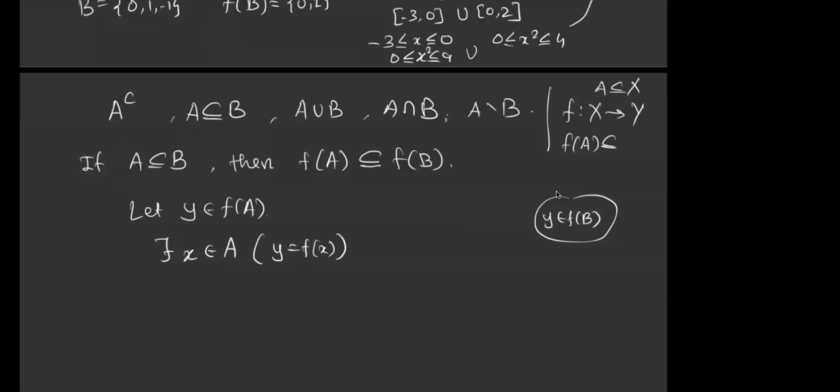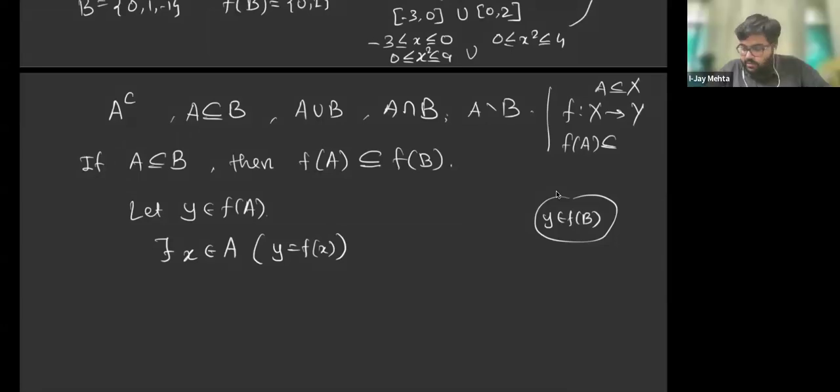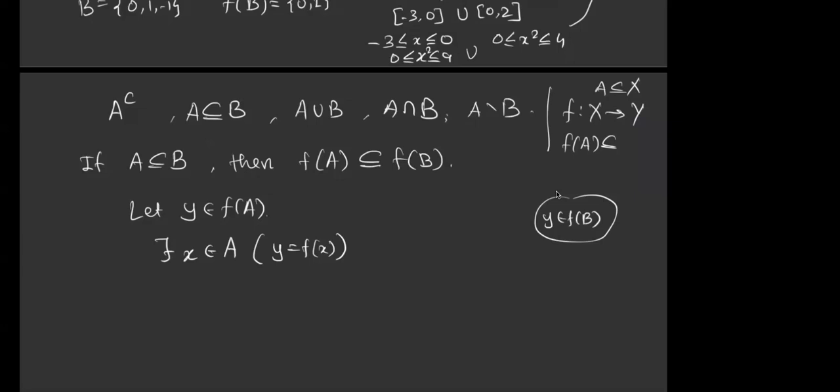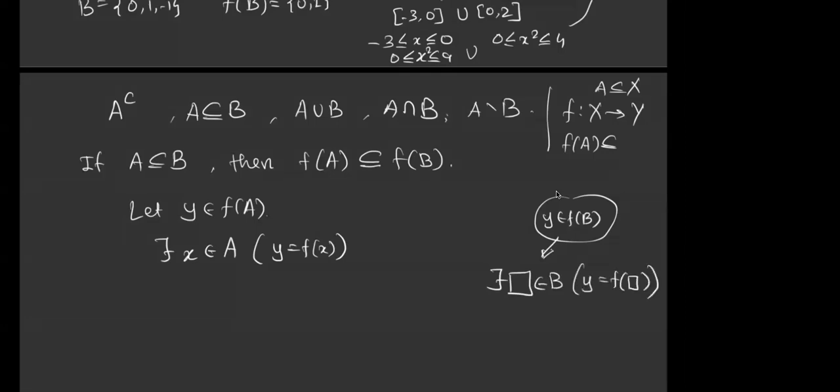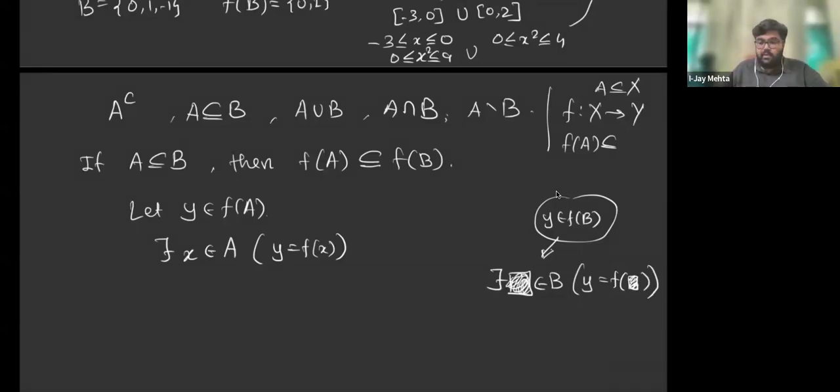There exists some element belonging to the set B whose image is Y. Sumit is correct. So he says that this means there should be some element in B such that Y equals F of some element, whatever we put here.